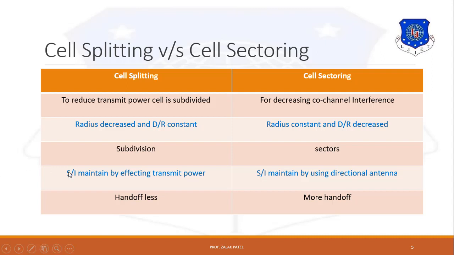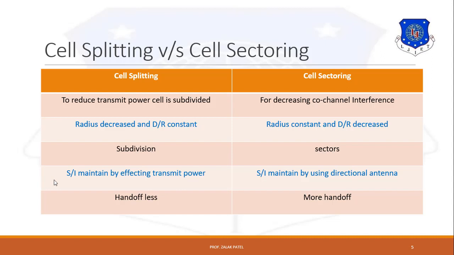Next is about signal to interference ratio. How to maintain the signal to interference ratio in case of cell splitting and cell sectoring. In cell splitting, the signal to interference ratio is managed by the transmit power.